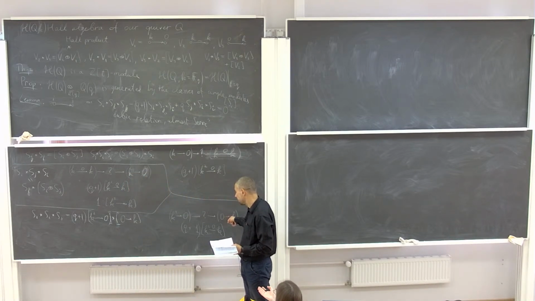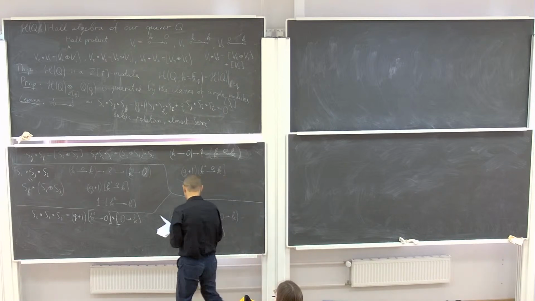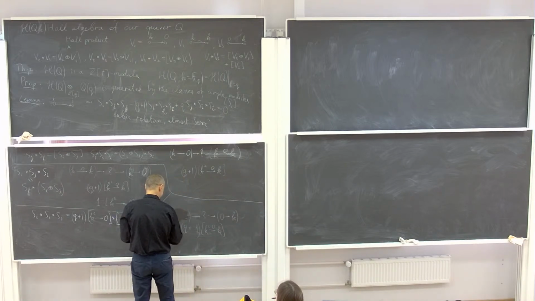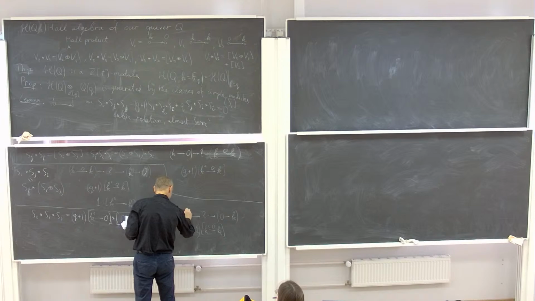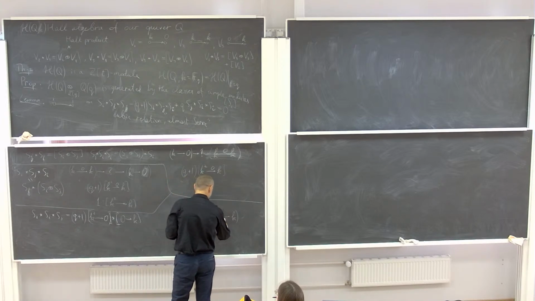And it's in the opposite direction, 0 to k, k squared to 0.